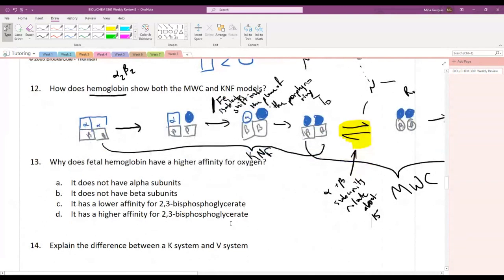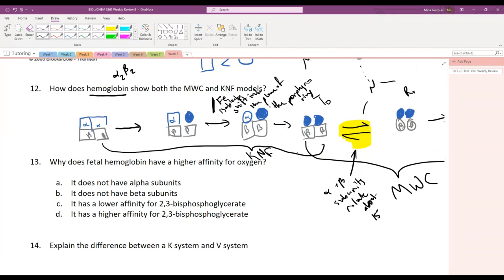So number 13 is kind of a little bit more on hemoglobin. So the question is, why does fetal hemoglobin have a higher affinity for oxygen? So fetal hemoglobin is the hemoglobin that a child or fetus has while they're in the womb.